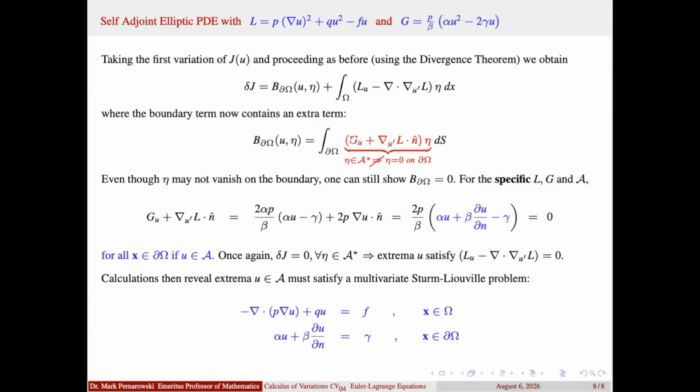I want to compute this integrand here that's multiplying eta: G sub u plus the u prime gradient of L dotted n hat. G sub u, well, here's G up here. You can see this at the very top. So G sub u is the partial of this thing in u.